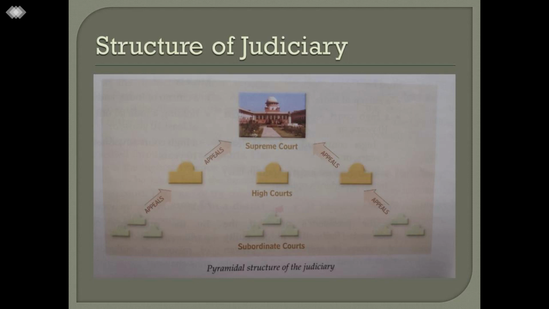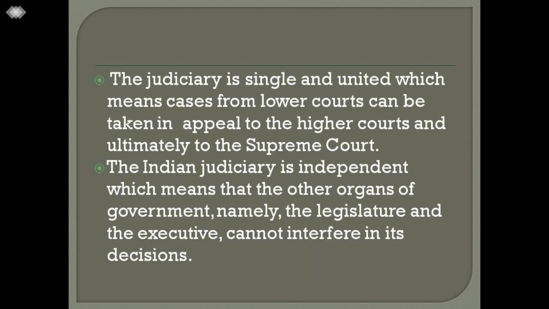From the structure of the judiciary, we can easily understand the hierarchy of the Indian judiciary. The judiciary is single and united. This means cases from the lower courts can be taken in appeal to the higher courts and ultimately to the Supreme Court. The Indian judiciary is independent. This means that the other organs of government, namely the legislature and the executive, cannot interfere in its decisions.